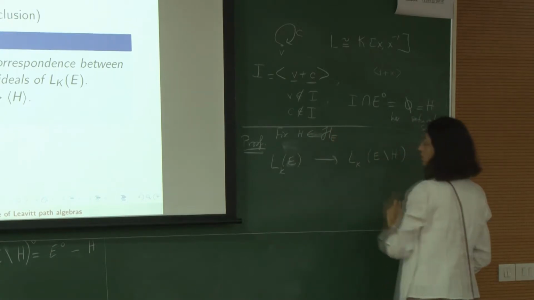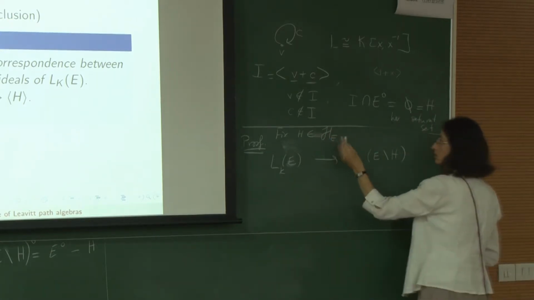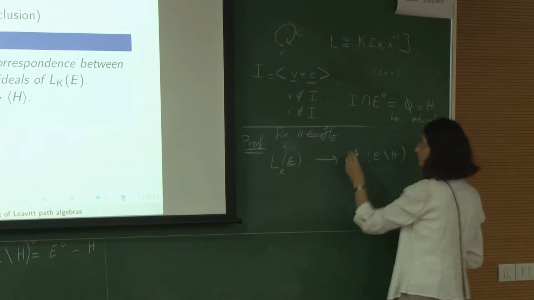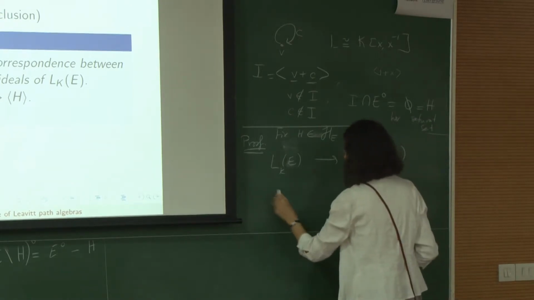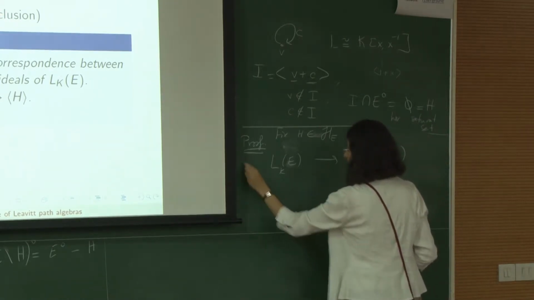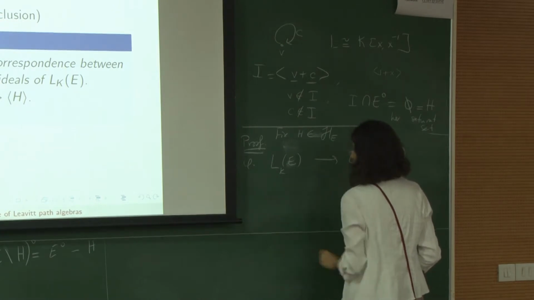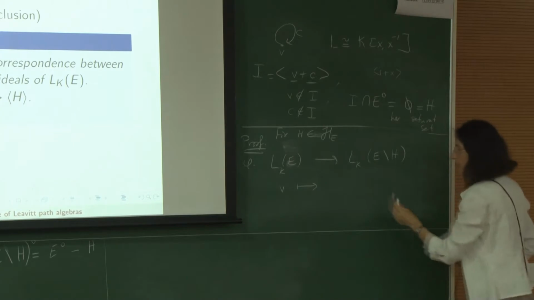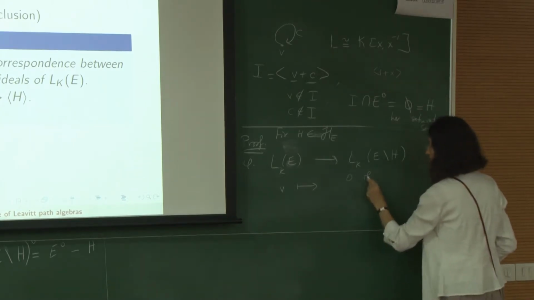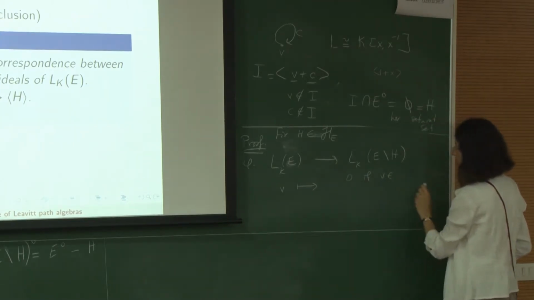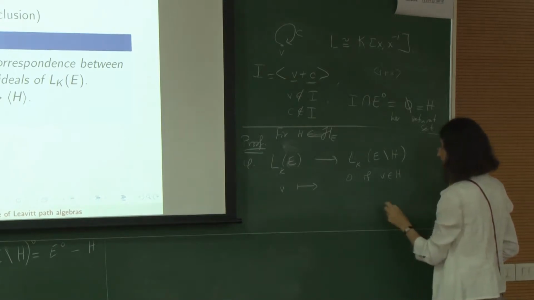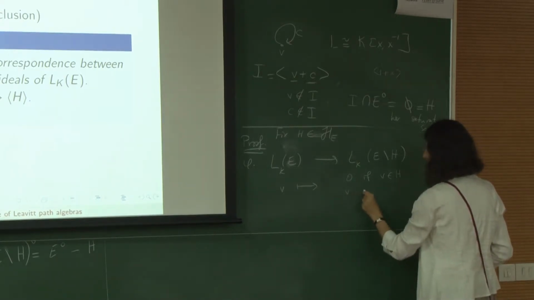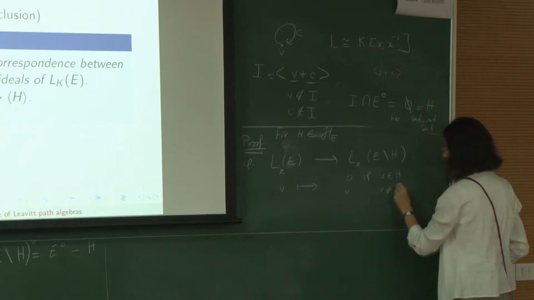Take a non-trivial subset in E, and send V to 0 if V is in H, otherwise send it to itself.